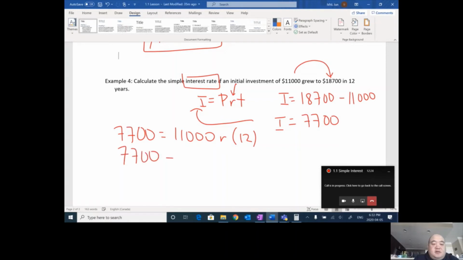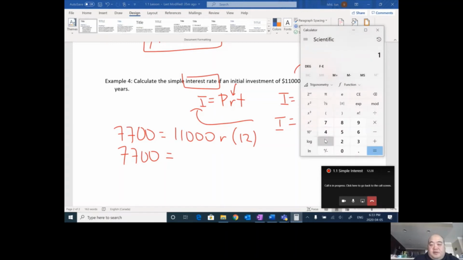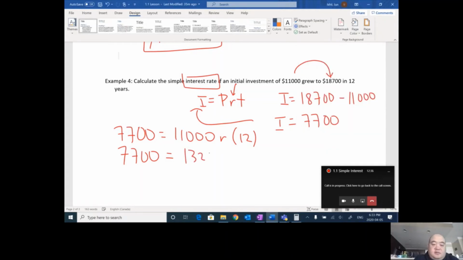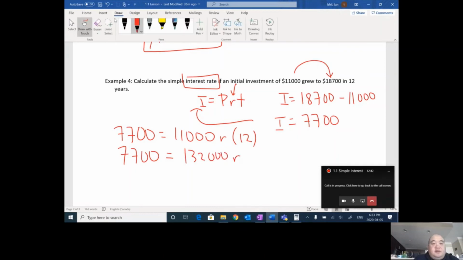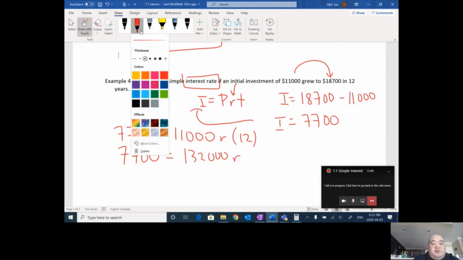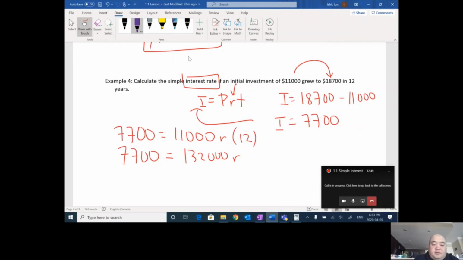7,700 equals, so let's multiply the 11,000 times 12, get 132,000 R. So to solve for R, we're going to divide both sides. I'm just going to change the color here. Divide both sides by 132,000.